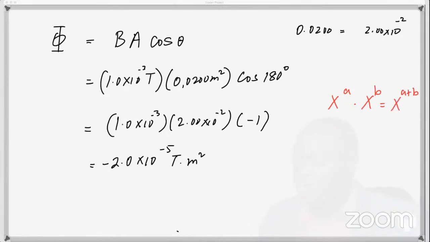So if I'm multiplying 10, my 10 here is X, that's the base. So 10 to the minus 3 is A, and then minus 2 is B. 10 to the minus 3 multiplied by 10 to the minus 2 is 10 to the minus 3 plus minus 2. Minus 3 plus minus 2 is minus 5. Okay?